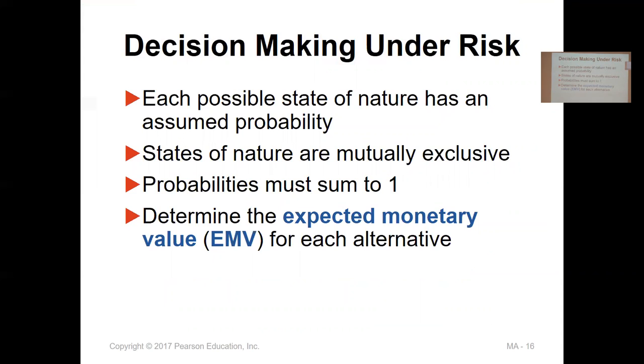Now, conversely, if we don't have a probability, we're working with uncertainty. When we do have a probability, that's called decision making under risk, which coincides with whether you can assign a probability to it.